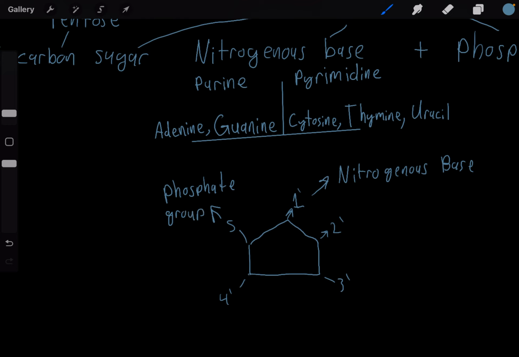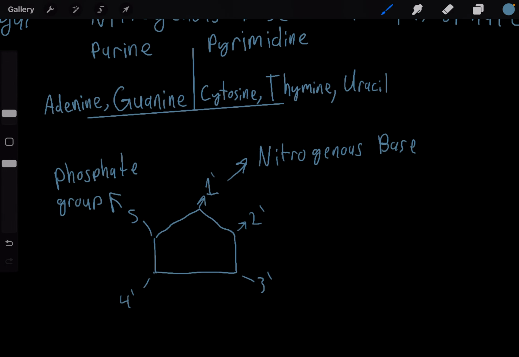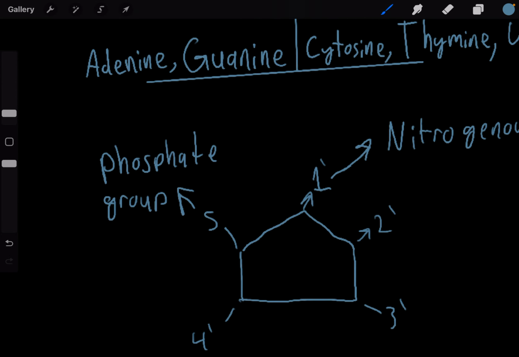So that's how it's connected. You have your five carbon sugar, which has a nitrogenous base connected to the one prime, and a phosphate group connected to the five prime.